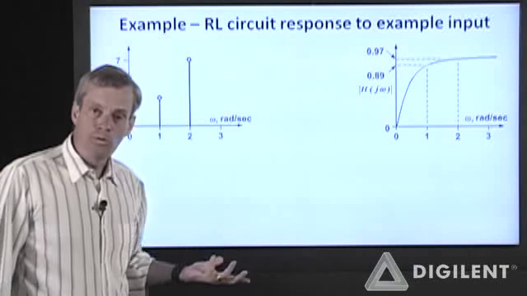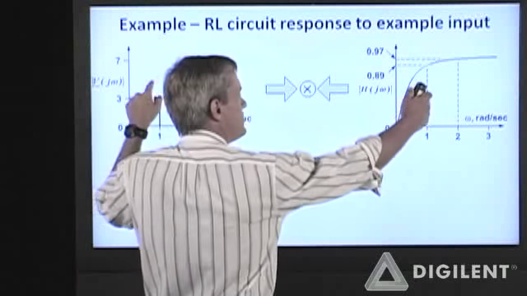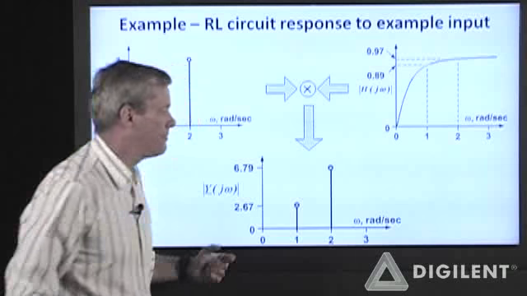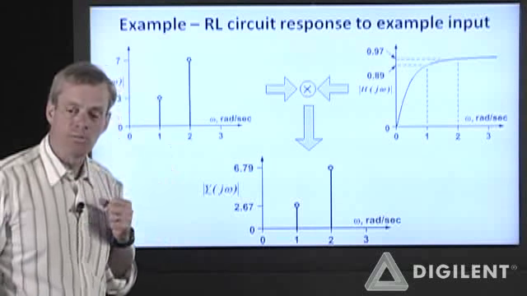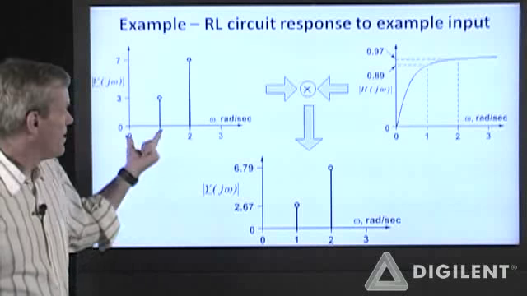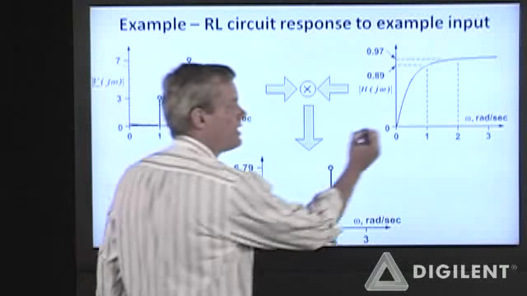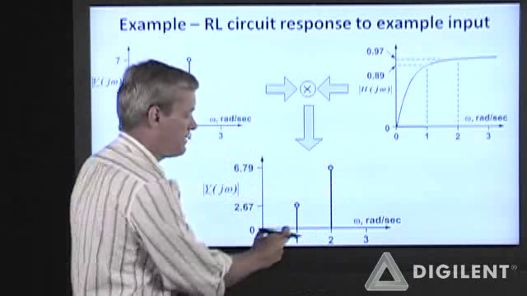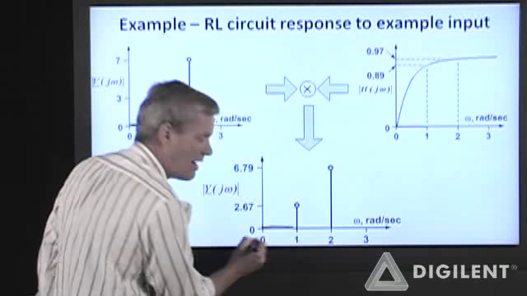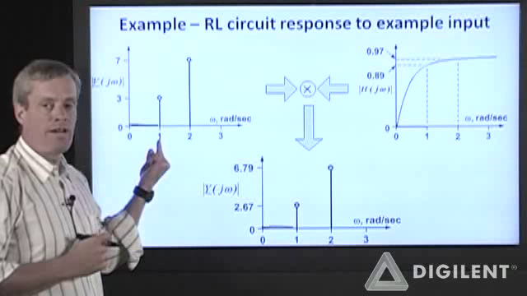To get the output magnitude, I can multiply these two together, frequency by frequency. Remember, in here, the input amplitude is all 0. So in this frequency range, this curve is multiplied by 0. I get 0 output.